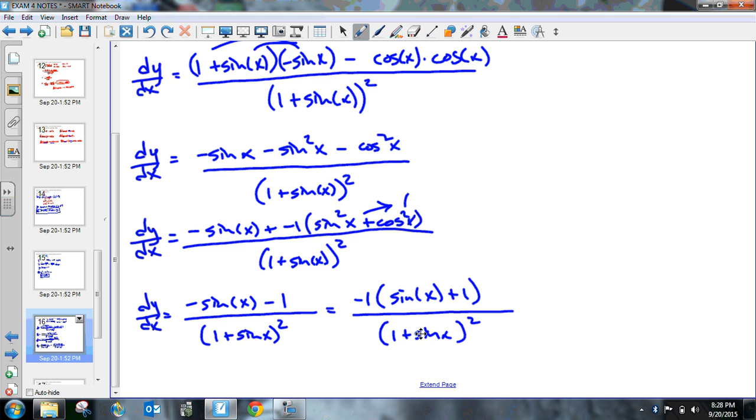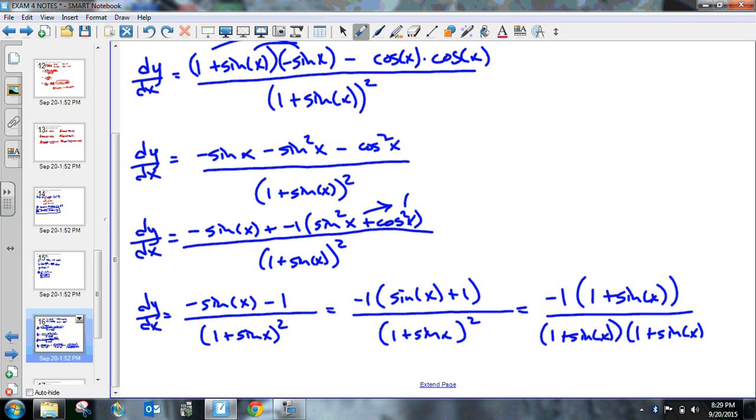Now, I have 2 of these down here, so let me rewrite it so you guys can see it. So negative 1, and I'm going to reorder my numerator real quick: 1 plus sine of x, all over 1 plus sine of x times 1 plus sine of x, and these end up dividing out.